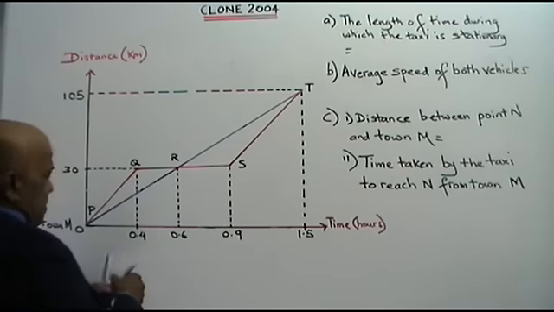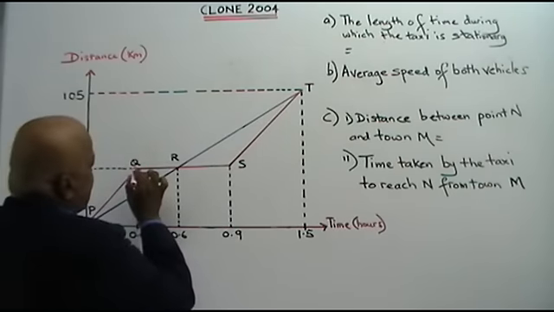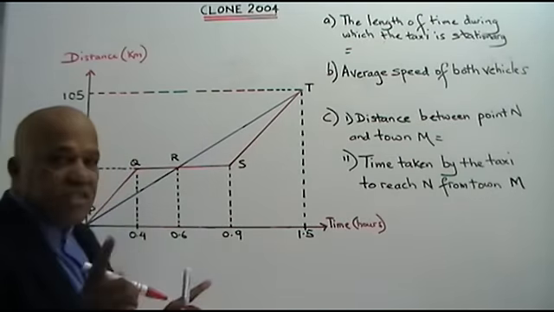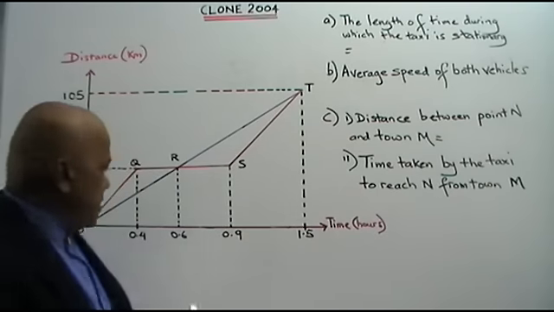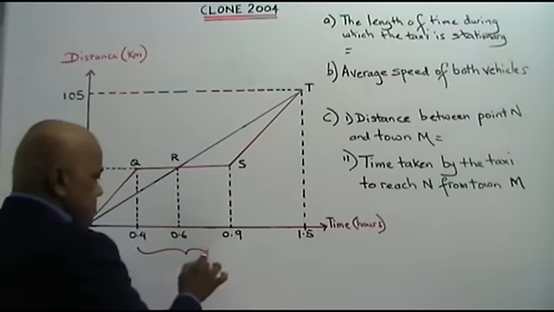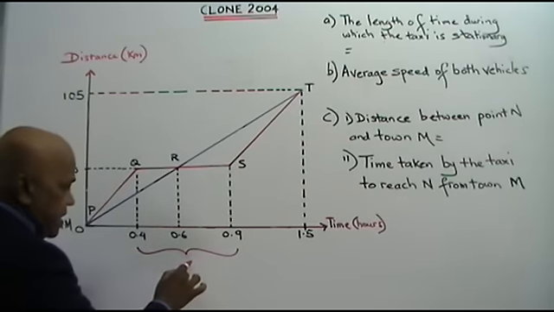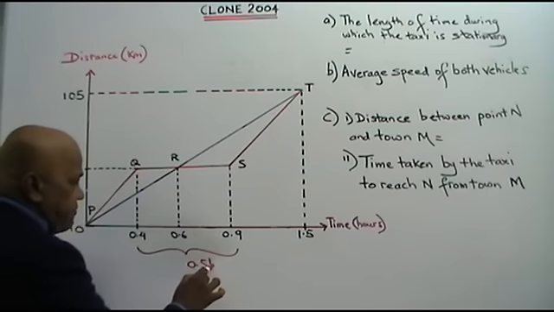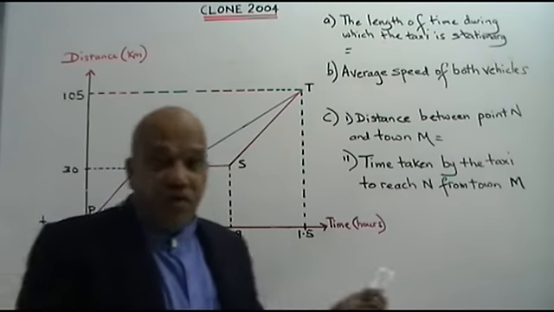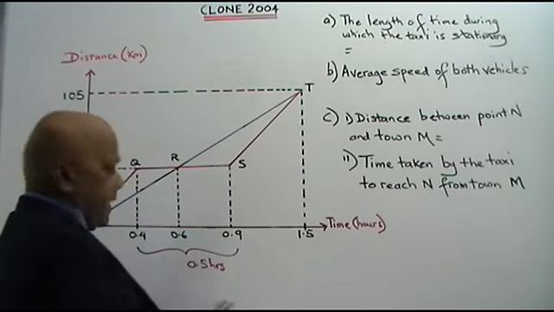Now the taxi is not moving. This section of the graph QRS shows that the taxi is not moving. And how long is it not moving? From 0.4 hours to 0.9 hours, that is 0.5 hours. 0.9 minus 0.4. The taxi is stationary. Okay?